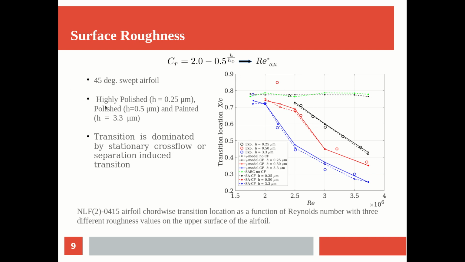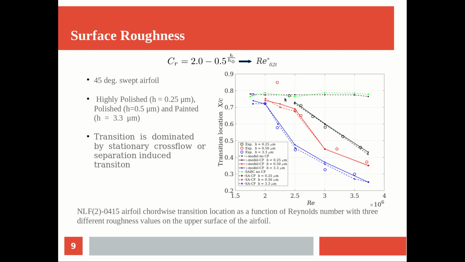In fact, the benchmark that I'm going to show you here is flow around an airfoil with a 25-degree swept angle, with three roughness effects: highly polished and painted. For different Reynolds numbers, as the Reynolds number increases, the transition moves toward the leading edge.